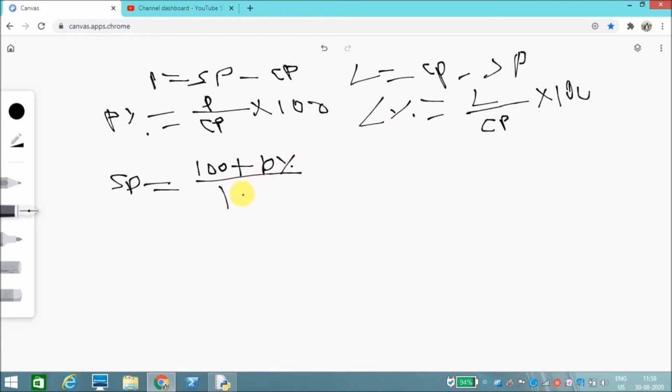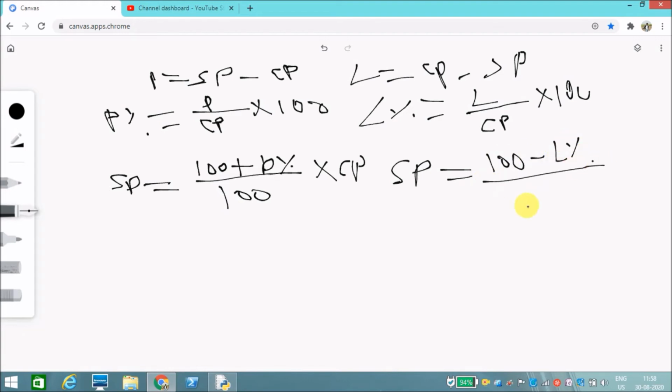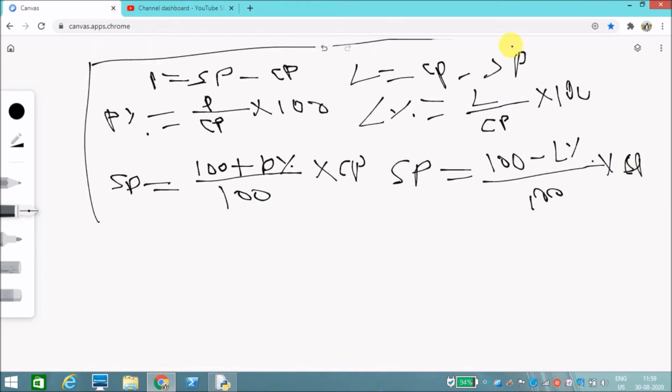Okay, for loss, how to find selling price? 100 minus loss percentage divided by 100 into cost price. Okay, like this. These are the formulas we have seen till now.